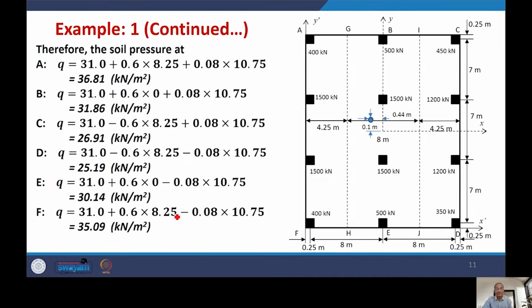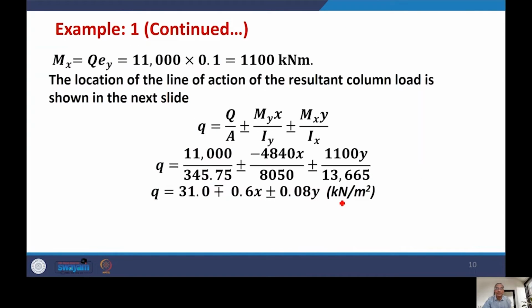Then for Q, you got this number. Again, you put all the numbers here, and in this case, what is left out is, let's say, x is negative and this is y. So out of these A, B, C, D, E, F, you get the minimum value for C, and the maximum value for A, because in this equation the minus sign is coming first.